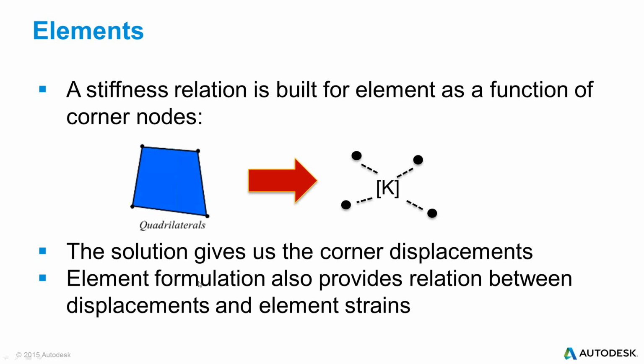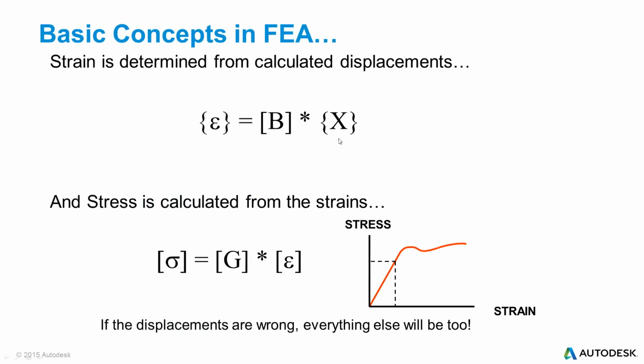The element formulation, i.e. when I build the stiffness matrix down here, also provides a relationship between the displacements and the element strains. So on the next slide, I have my unknown displacements, which I've now solved for, and I can use a B matrix, which is a strain displacement matrix, that gives me the strains in the individual elements.